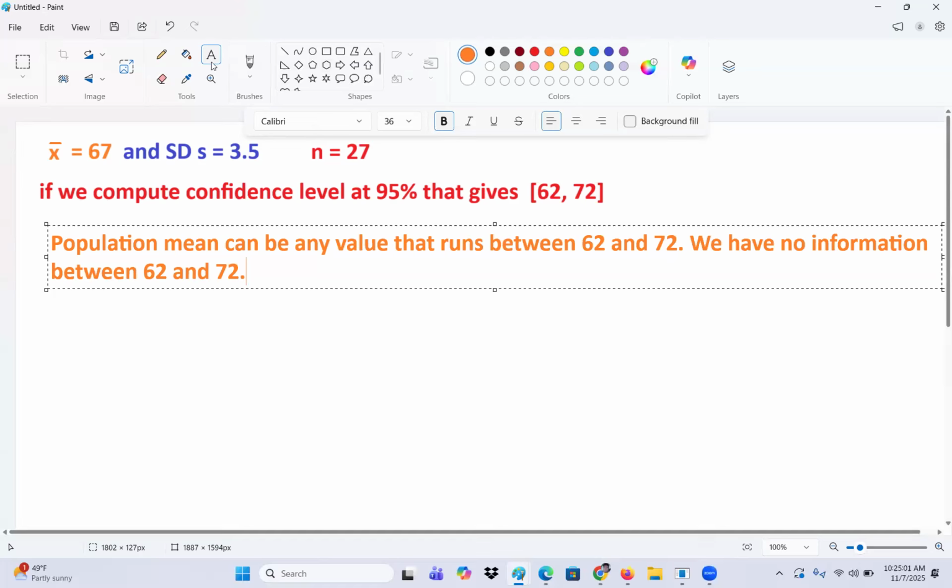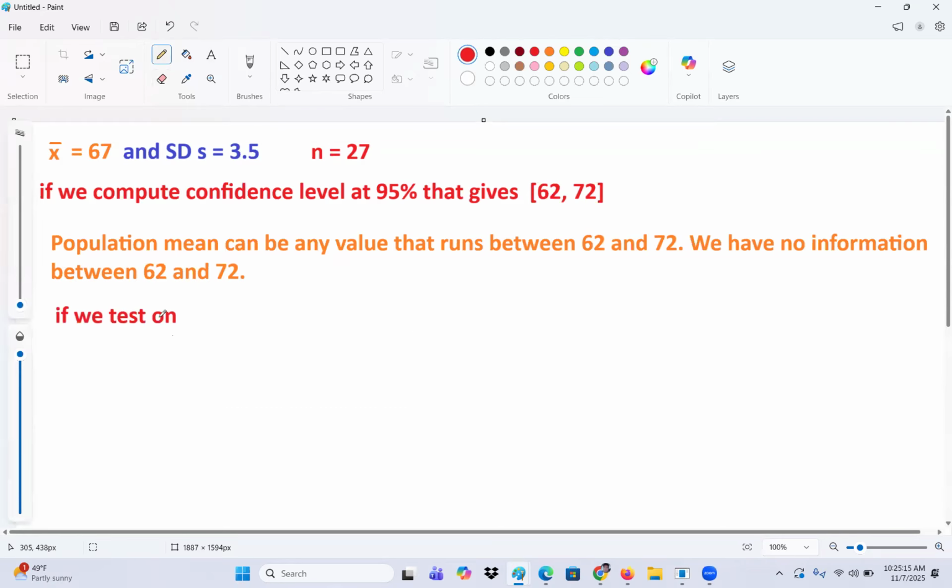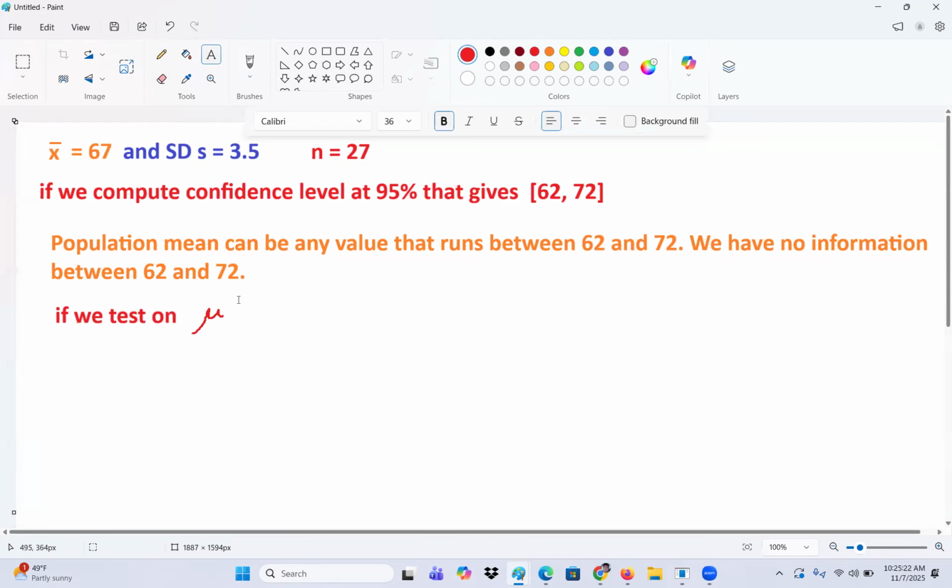So if we test on the mean, let's say on the mean greater than 60, that makes sense, right?